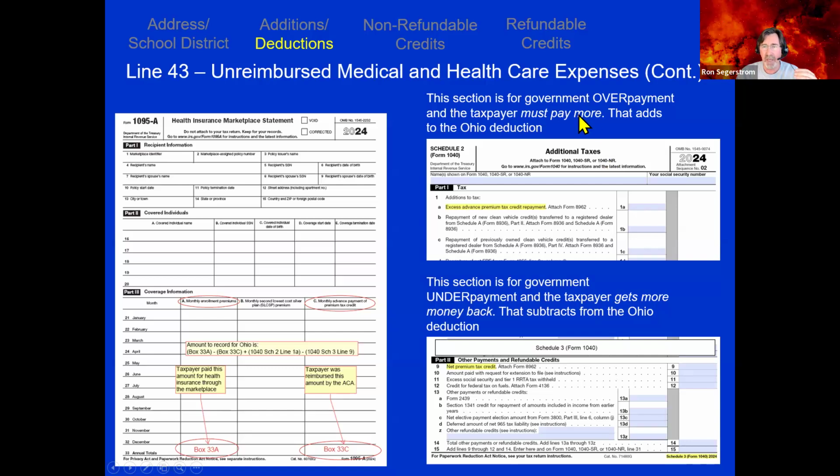It's because through the calculations, if they have received an overpayment after all those calculations have been done, the taxpayer must pay more, and that adds to the Ohio deduction amount. And likewise, for Schedule 3 of Form 1040, Part 2, Line 9, if they've received an underpayment and they're going to get more, they get a tax credit, that subtracts from the Ohio deduction.